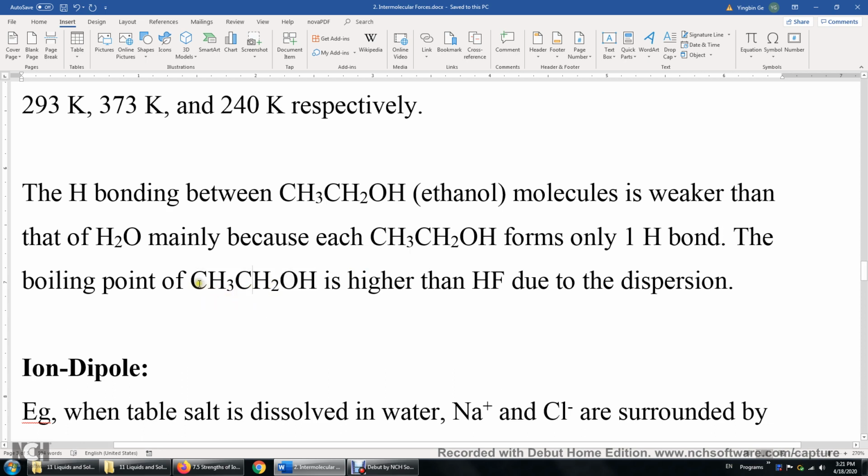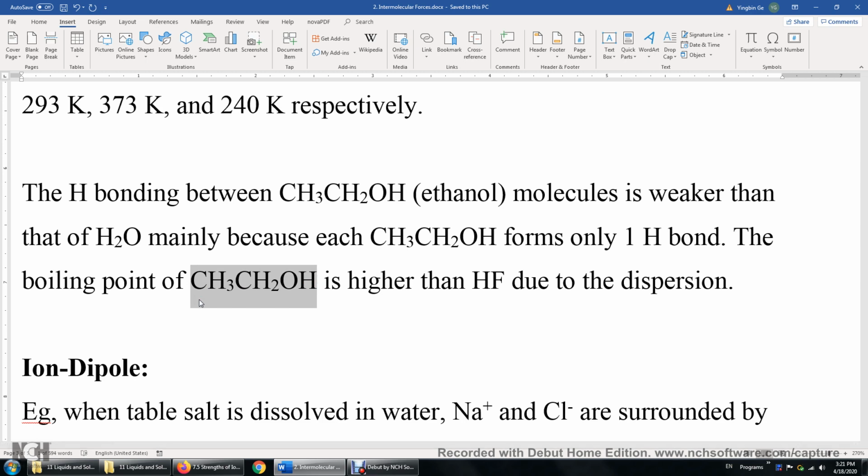So overall, the dispersion between 2 ethanol molecules is much, much greater than the dispersion between 2 hydrogen fluoride. So if we add up the dispersion and hydrogen bonding, this ethanol molecule wins regarding the attraction or intermolecular forces.